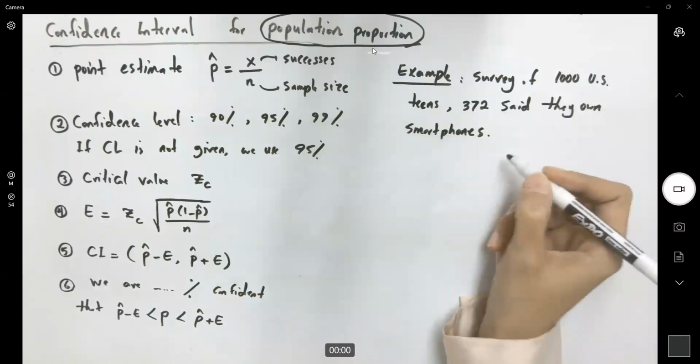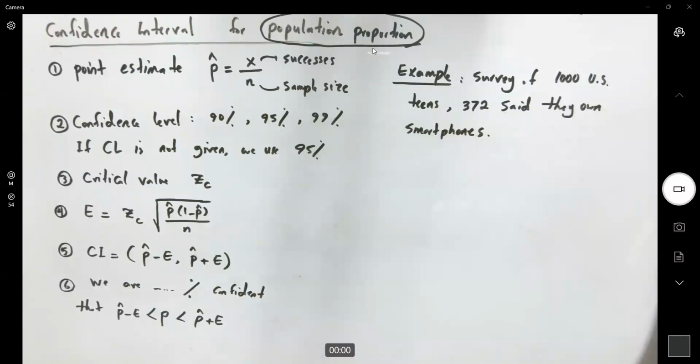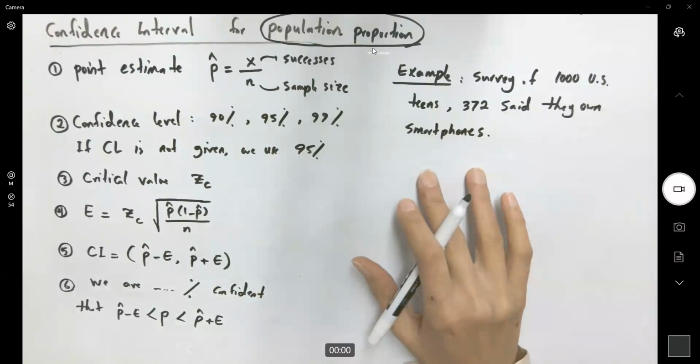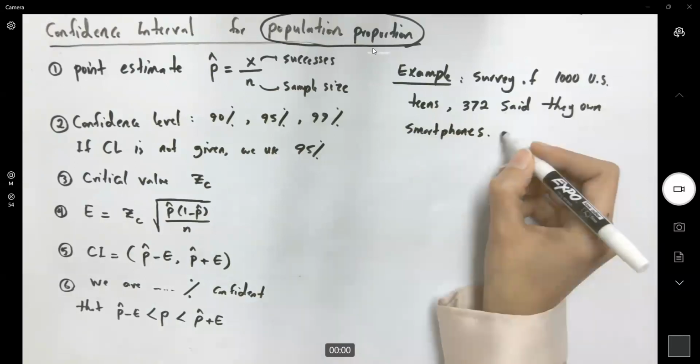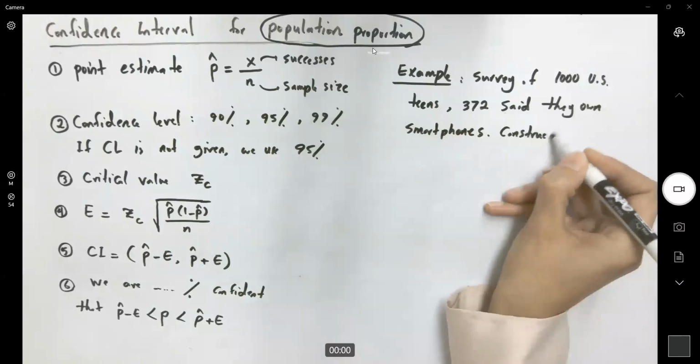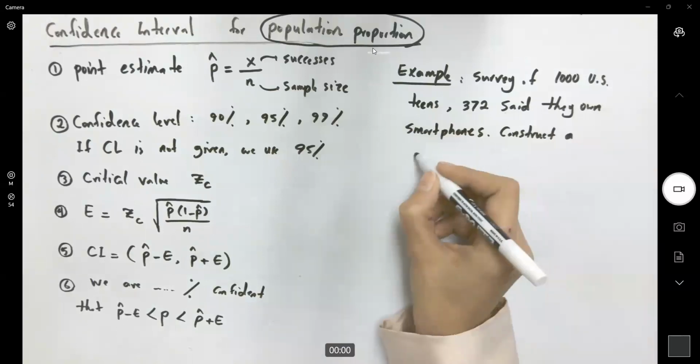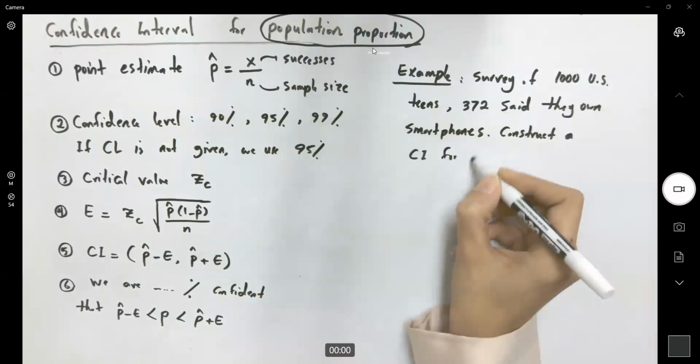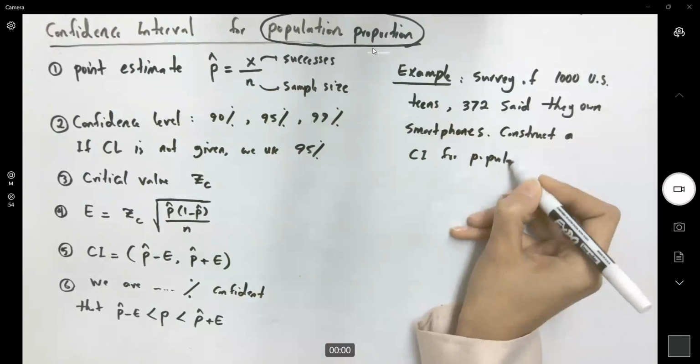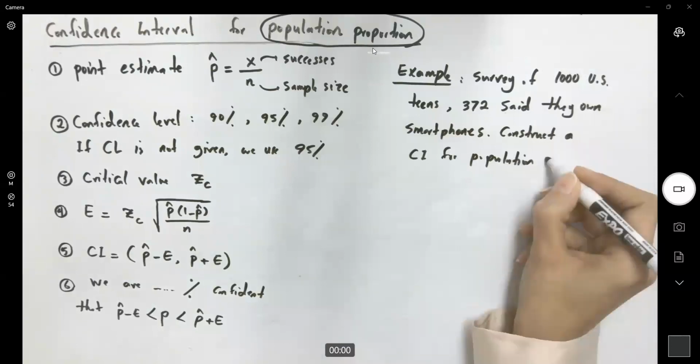The question says, construct a confidence interval for population proportion.